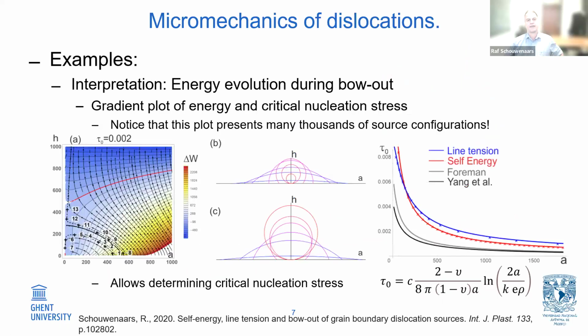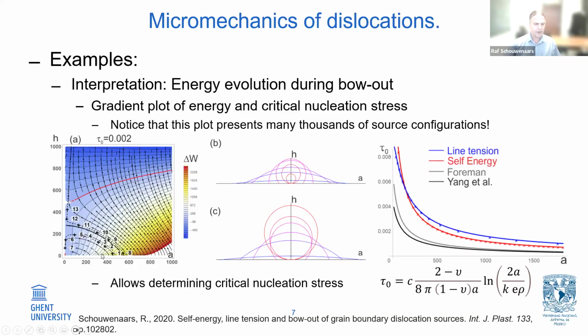And the results of these calculations, for the energy calculation, for example, I put a stream plot, a gradient plot, where a dislocation which starts with 800 Burgers vectors width will follow a path through the energy landscape upward, once the dislocation can get beyond a certain bow-out length.